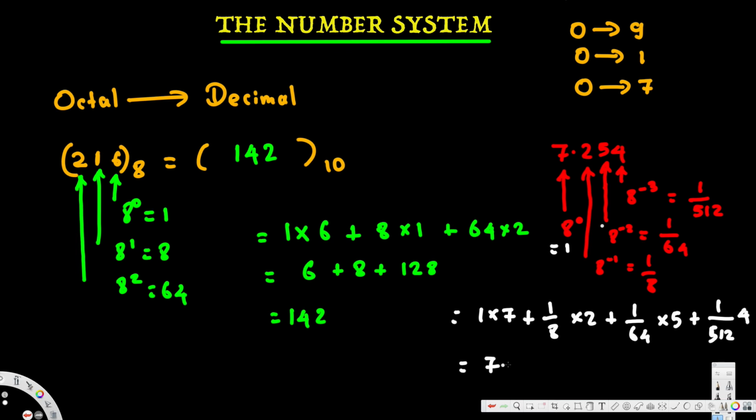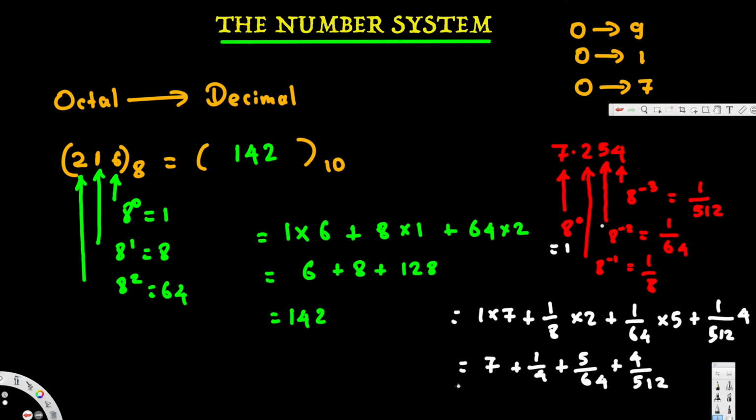So this is 7 plus 2 over 8, which is 1 over 4, and then 5 over 64, and 4 over 512, let's leave it as 4 over 512. If you plug all this into a calculator, you are going to get 7.333359375. This is base 8 on the left, and this is the conversion from octal to decimal, base 10.